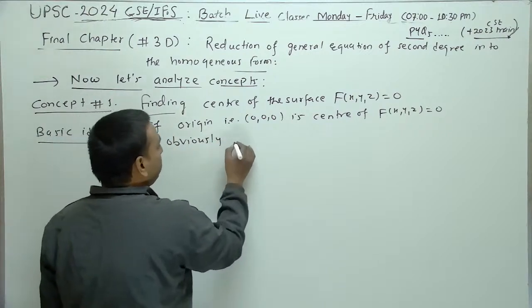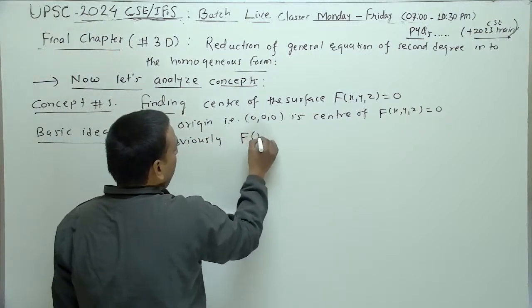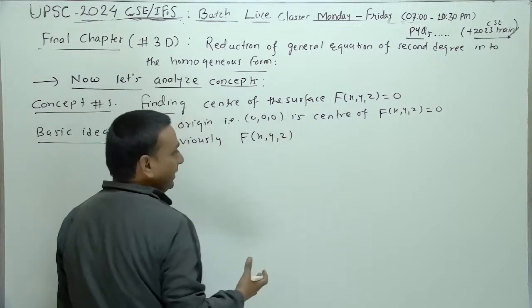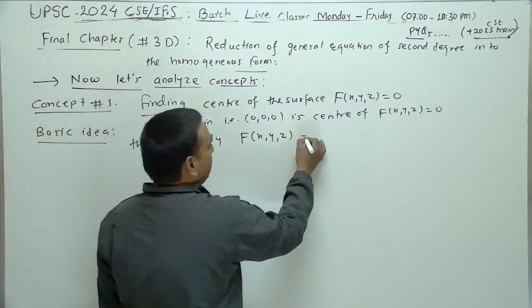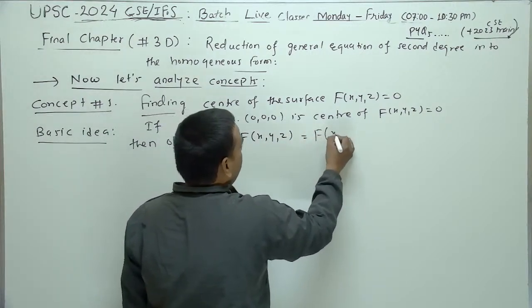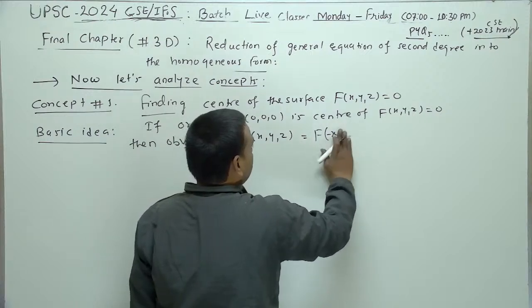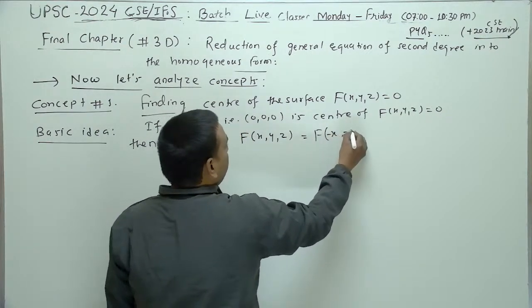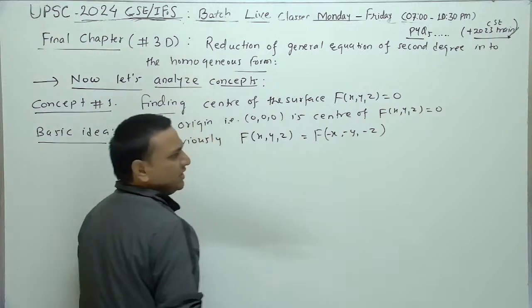Then obviously f of x y z, if you get, that must be f of minus x, minus y, minus z.